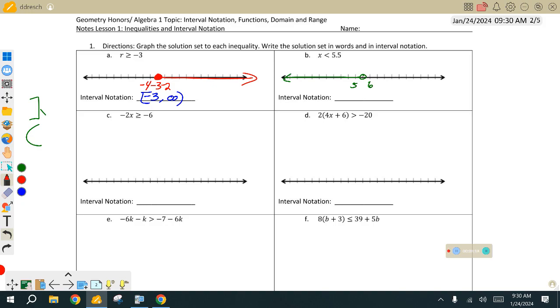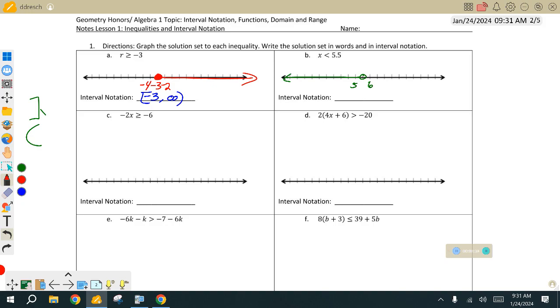So how about the other one? Where are we starting off on this one? We always read left to right. Am I starting off at 5.5 on this one? No. Where did I start? Not at infinity. This is positive infinity. Wait, negative?